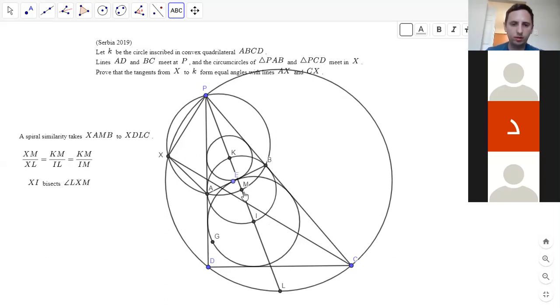Yes. But the angle MXA is equal to LXC. So if we take LXC minus LXI and MXA minus MXI, we have that AXI equals CXI. So it looks like we have LXC is DXL is AXM.